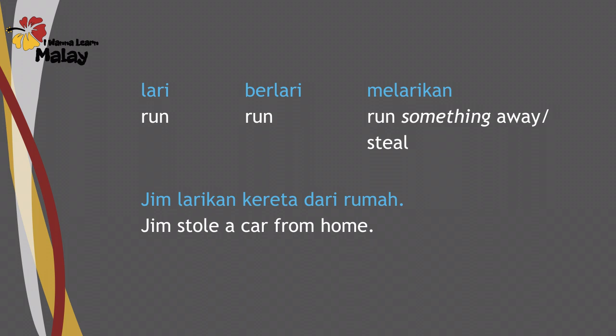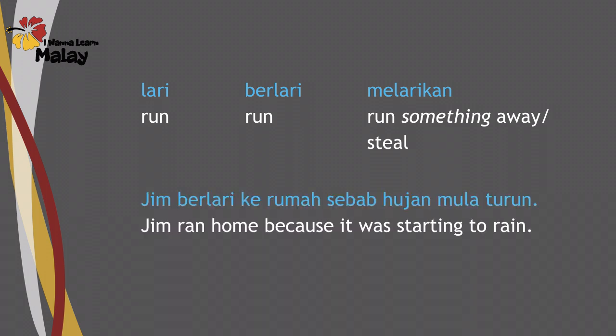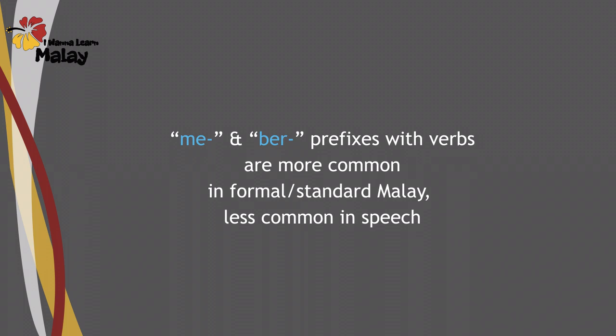It still means Jim stole a car from home. And what about the example for the prefix ber? Jim berlari ke rumah sebab hujan mula turun is the same as Jim lari ke rumah sebab hujan mula turun.